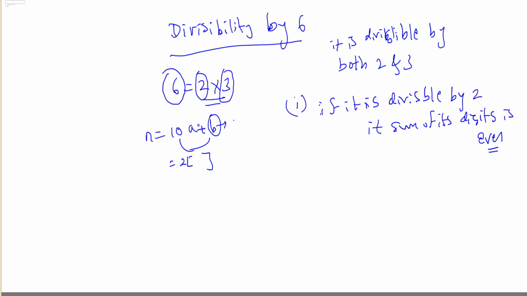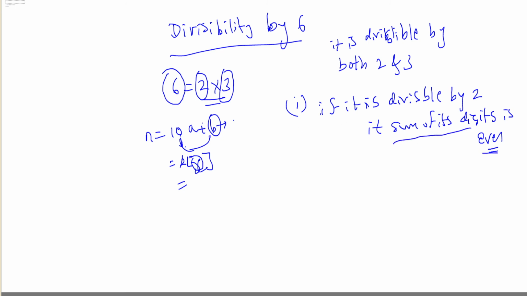Once that is so, the remaining part is definitely going to become even. You can take a common 2 from this one, and the entire thing is called x. It is definitely divisible by 2. Try to understand what I'm telling.